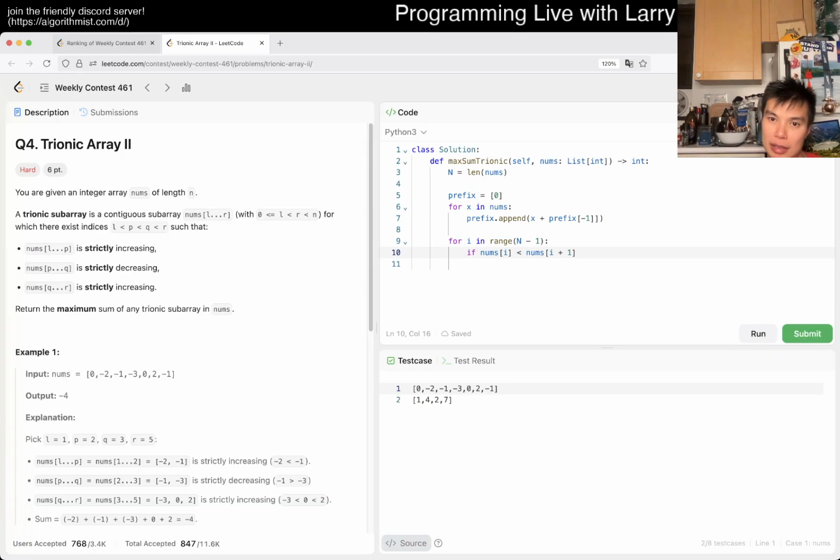So if this is less than, we'll say, let's just say there's a +1. Let's just say streaks. So then this is a -1, right? So I'm just gonna write it dumbly.